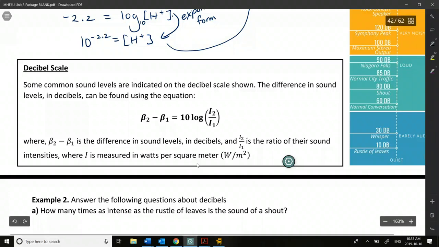What I plug in for beta 2 should match intensity 2, and beta 1 matches intensity 1. Most of the time, it will give you the full ratio of the intensities itself.